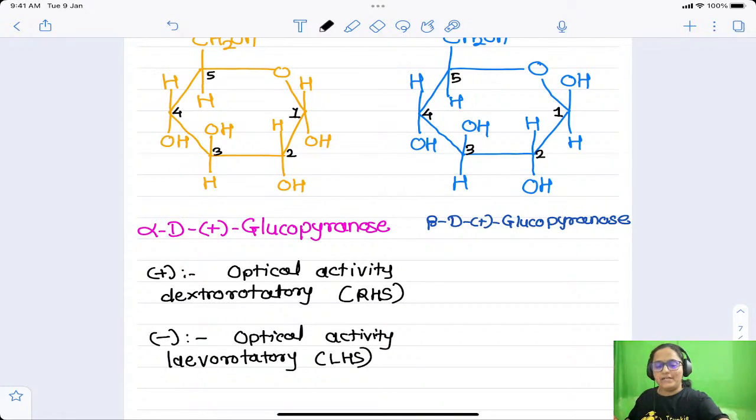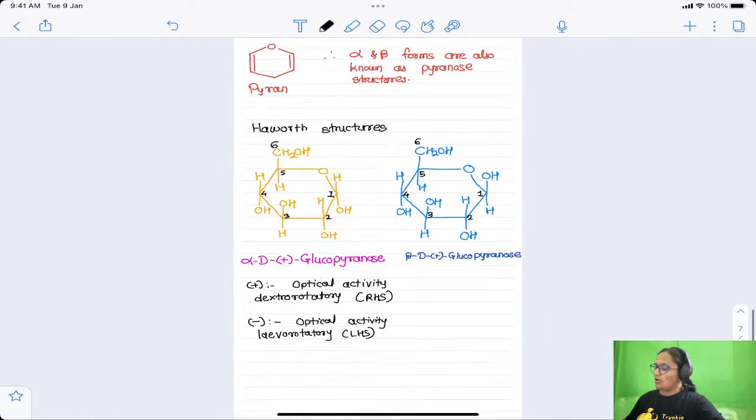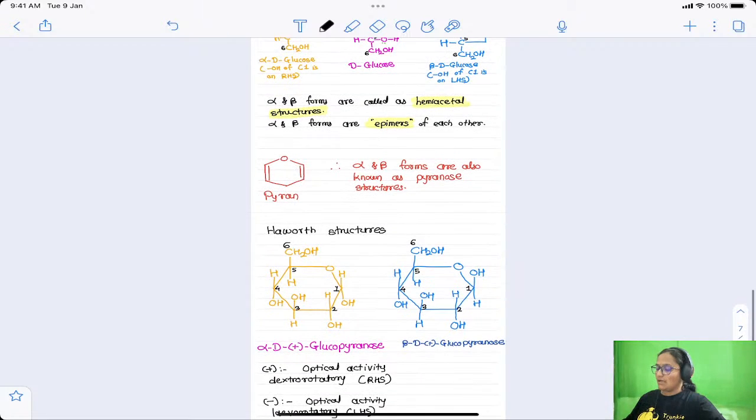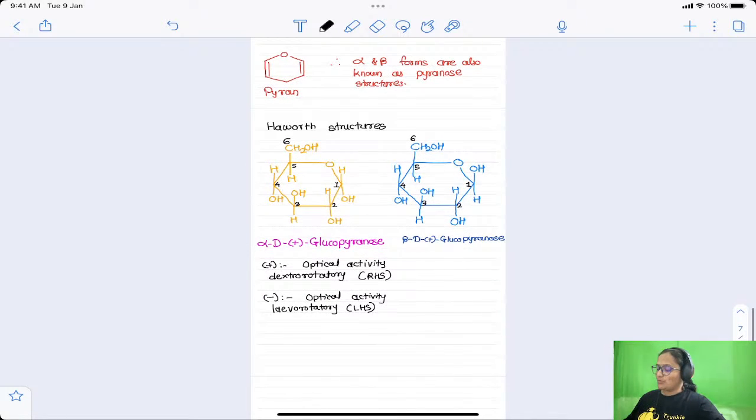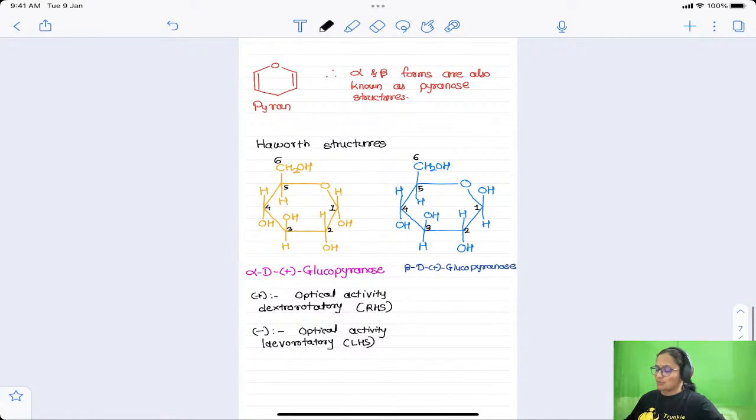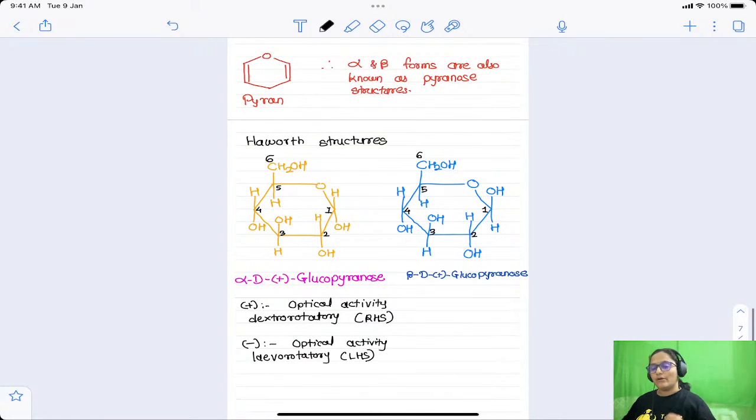Alpha and beta we have learned in today's class. The plus, minus, dextro, levo we had already learned in the haloalkanes and haloarenes chapter, so I have not discussed it again here. This is very important, guys: how to draw the Haworth structure, and the positions of the OH groups on the anomeric carbon as well as on carbon number 1. It decides the name of that particular pyranose also.